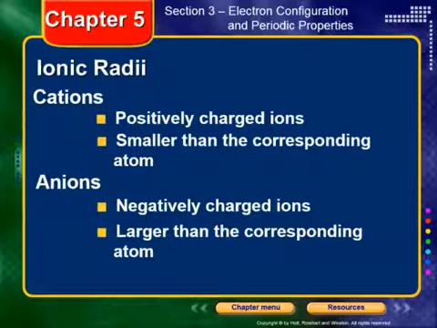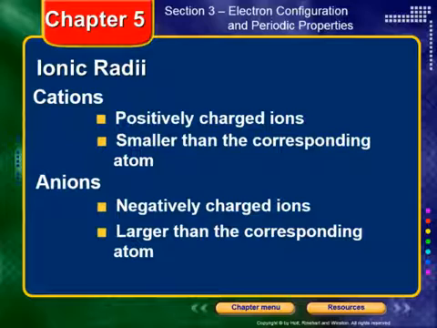And if you have the amount of shielding going down, that negative electron-electron repulsion, you're going to allow those electrons to settle in closer to each other because the amount of negative charge has gone down. If you allow the electrons to settle in closer to one another, that's a smaller radius.